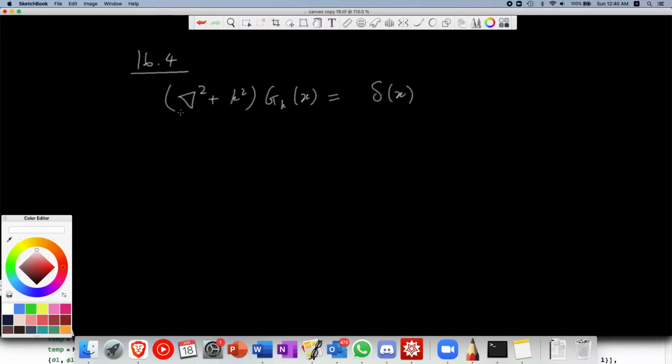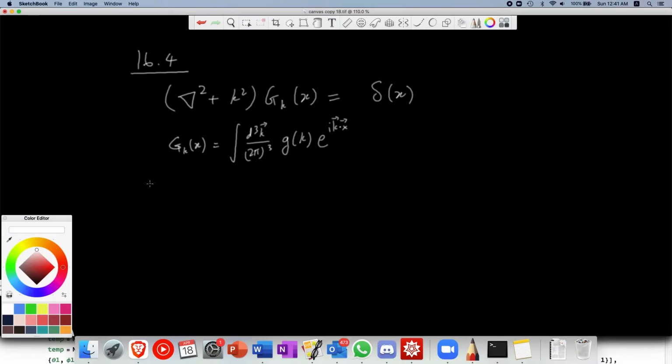So how do we do that? Let G be equal to the integral over k. For transforming it, we write some g of k that we have yet to determine, and e to the power of ik dot x. Remember, k and x are vectors here. This is a three-dimensional integral.